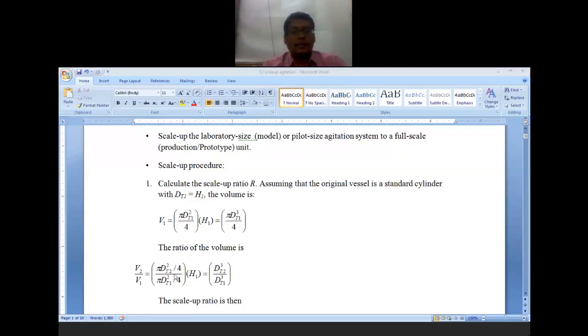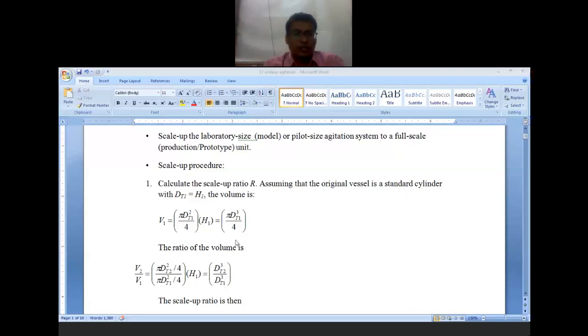So I can similarly write V2 as pi dt2 square upon 4 into H2, and V1 as pi dt1 square upon 4 into H1, which is equal to dt2 cube upon dt1 cube.